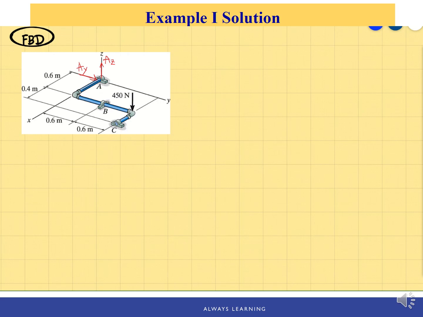Now let's move on to the bearing at point B. At point B as well, the pipe doesn't move up and down along the Z direction. So there must be a BZ in the Z direction. And another direction is the X direction.